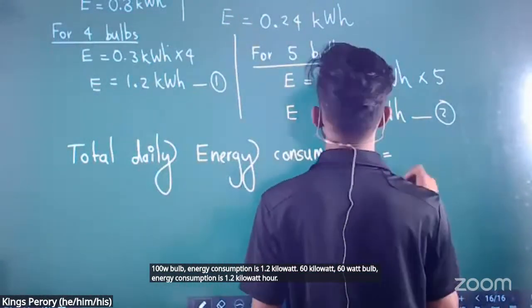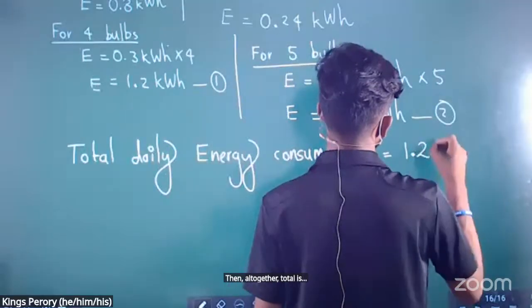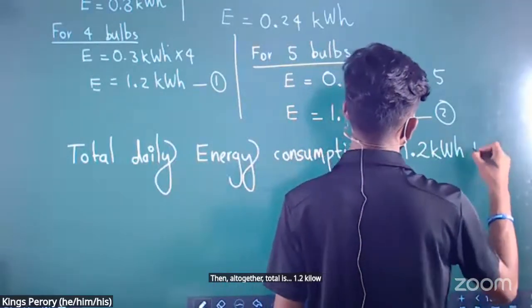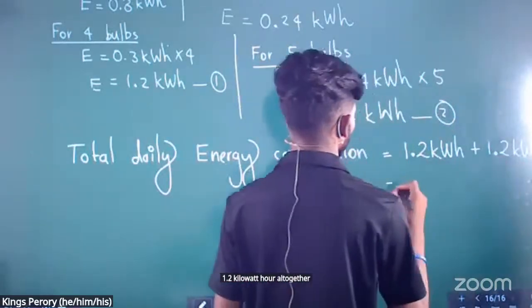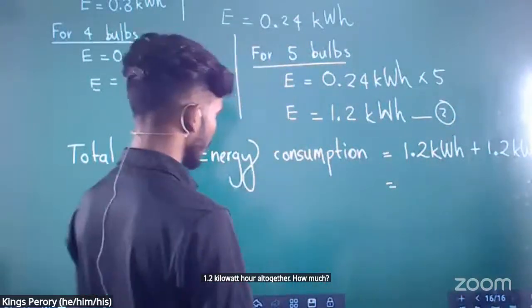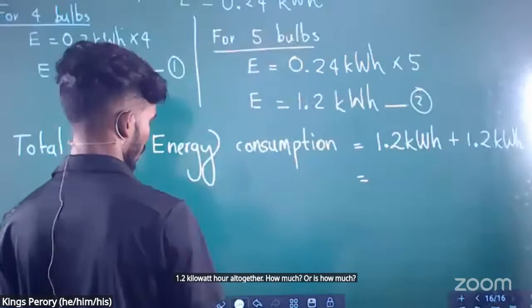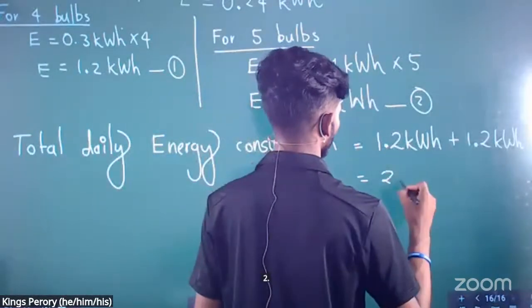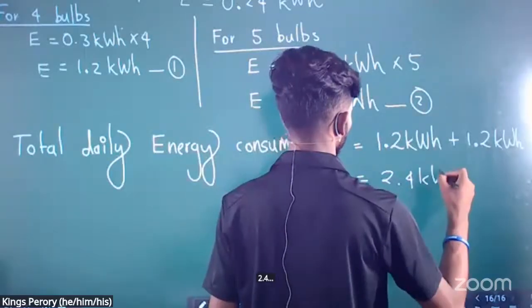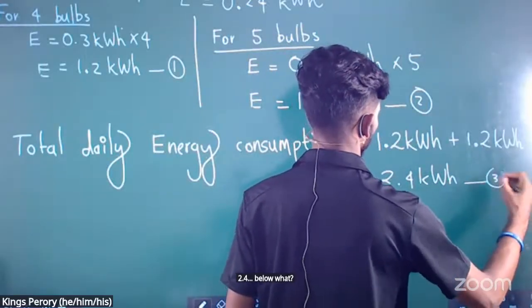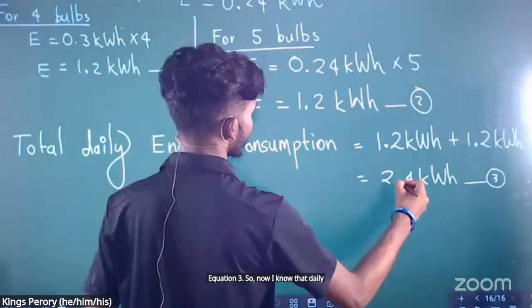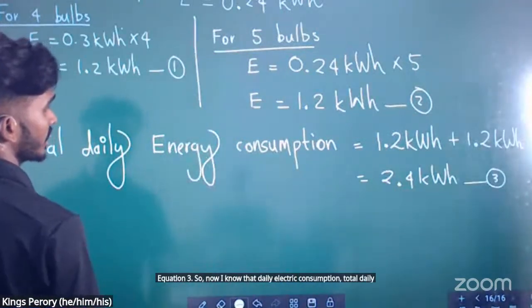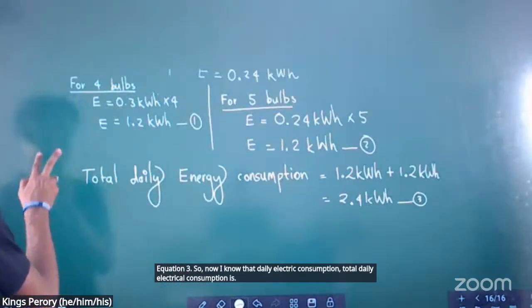Altogether, 1.2 plus 1.2 is 2.4 kilowatt hour. Equation 3. So the total daily electrical consumption is 2.4 kilowatt hour.